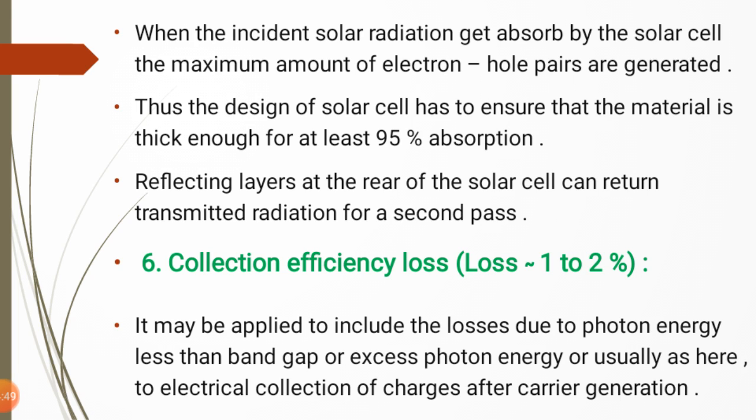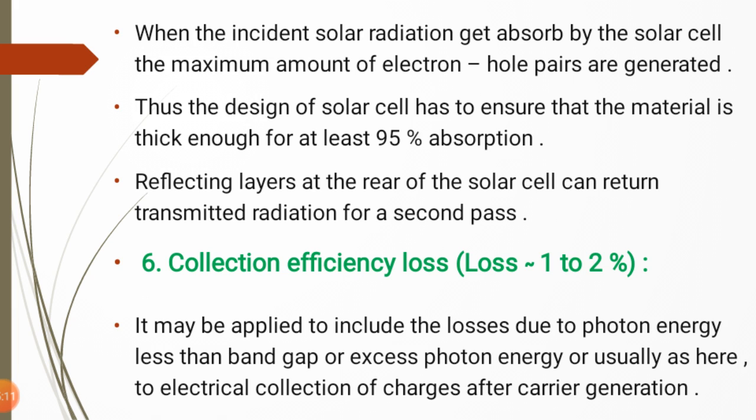That means if we consider the sunlight, the sunlight gets incident on the solar cell. After that, there is the absorption of the photons which have energy equal to the band gap of that semiconductor, and there is a creation of electron hole pairs.